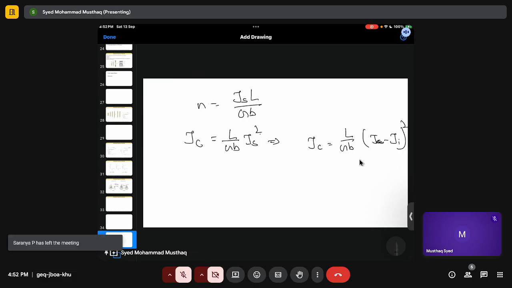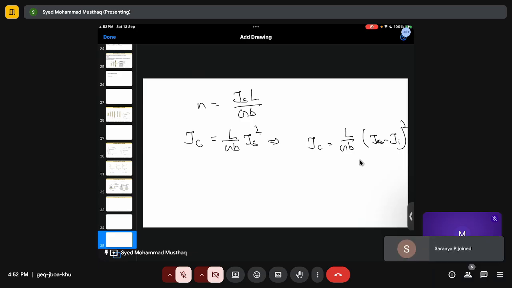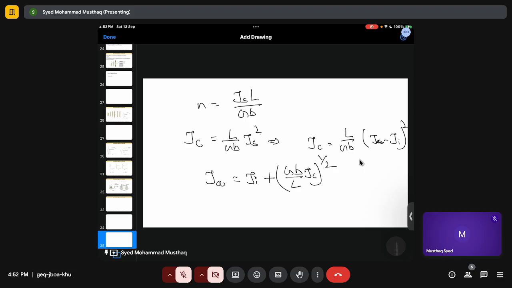This is the applied stress. We know the applied stress, but we do not know the critical stress that is required. We might not exactly know the frictional stress that is there. So that's why you take everything to that side: tau i plus (Gb upon L times tau c) whole power 1/2.